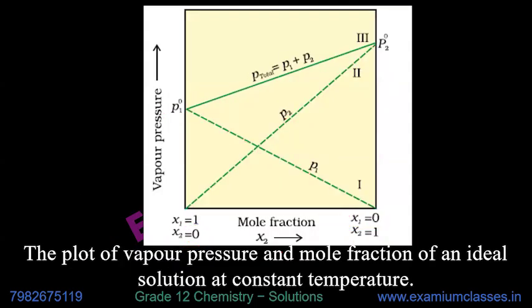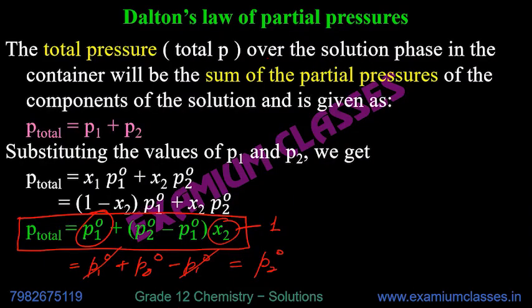So what is meant here? It means this line is for P2 equals P2 naught x2. This line is for P1 equals P1 naught x1. And this line is for P total. Okay. P total equals P1 naught plus P2 naught minus P1 naught x2.